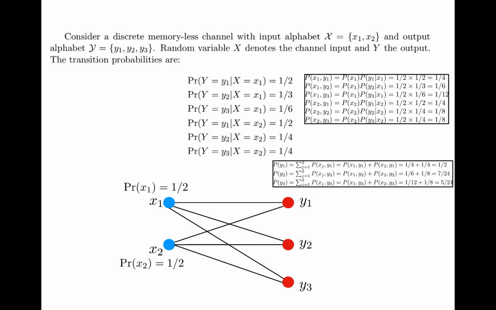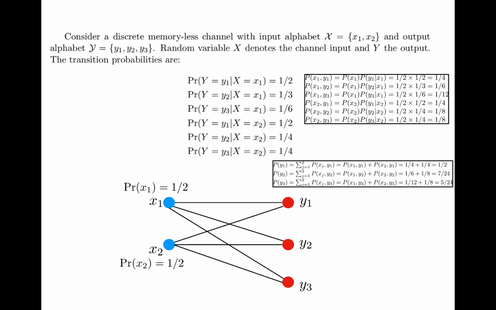I can calculate probability of y1 by summing the joint probabilities of xj comma y1, where j can have only two values, because in this example x takes two values, x1 and x2. So basically I sum all the joint probabilities that involve y1, and then I have x1 y1 and x2 y1. So I sum over all the values of x, keeping y1 intact.